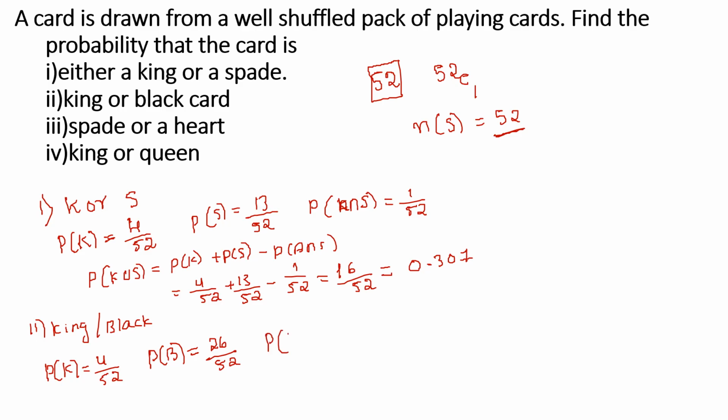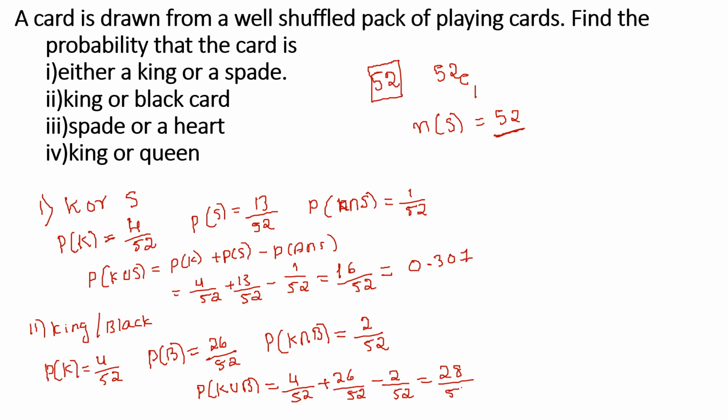The probability that the card will be both king and black: there are a total of 2 kings which are black in color, so the probability will be 2 by 52. Therefore, the probability that the card will be either king or black, K union B, is 4 by 52 plus 26 by 52 minus 2 by 52. So that will be 28 divided by 52, which is 0.535.